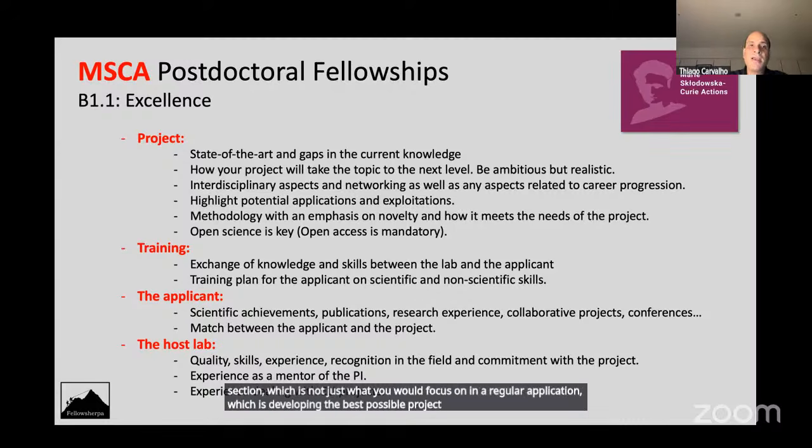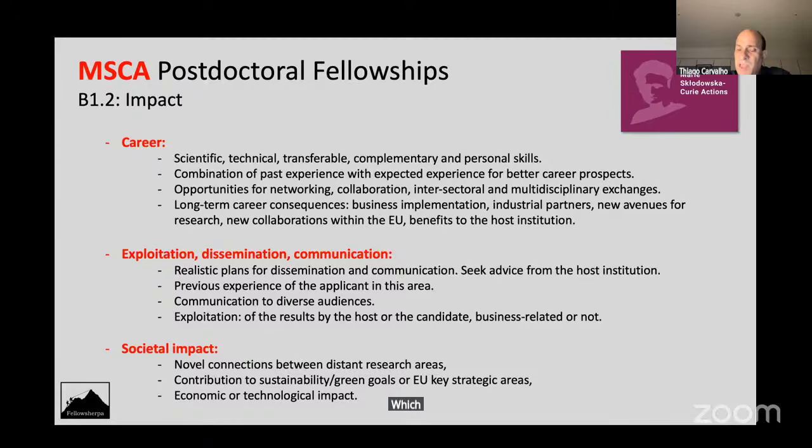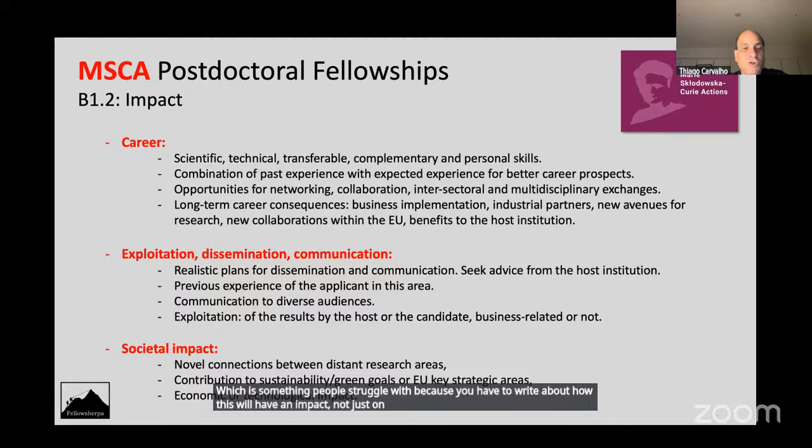And on top of that, you have these two other sections: impact, which counts for 30%, which is something people struggle with because you have to write about how this will have an impact, not just on science and so forth, but you have to focus on how it will have an impact on you. And this has to be credible and detailed.